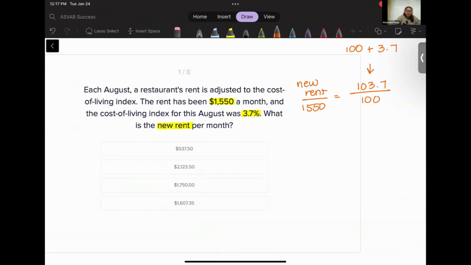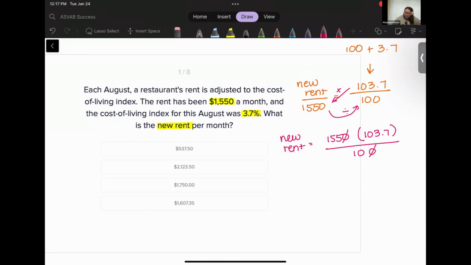So with this in mind, now that we have our proportion set up, we can go ahead and cross multiply and divide. So the new rent is going to equal 1,550 times 103.7, everything divided by 100.